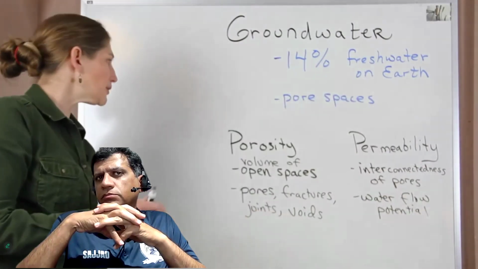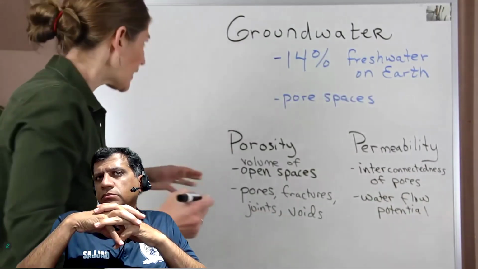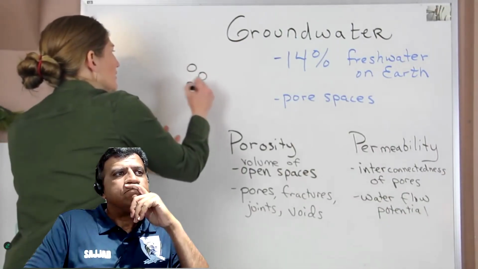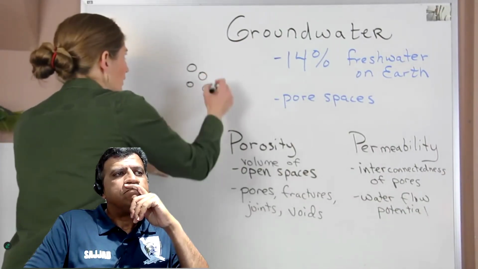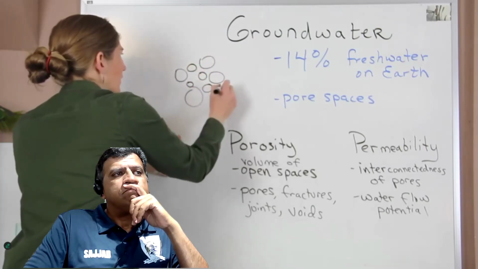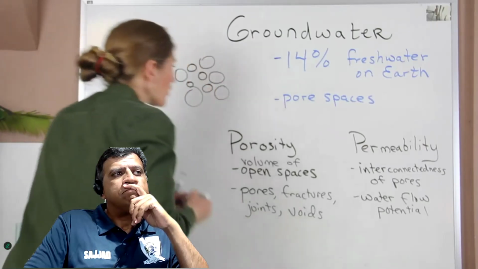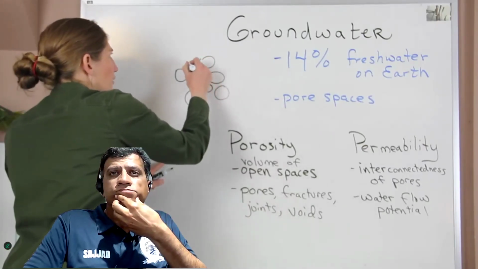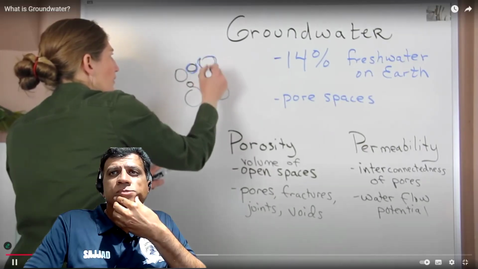So when we start to look at different things, again, when we talk about porosity, I usually think about a sandstone that has large grains coming together. So the pores are all of these open spots, and again, they can be filled with water. The water will stick around the grains.